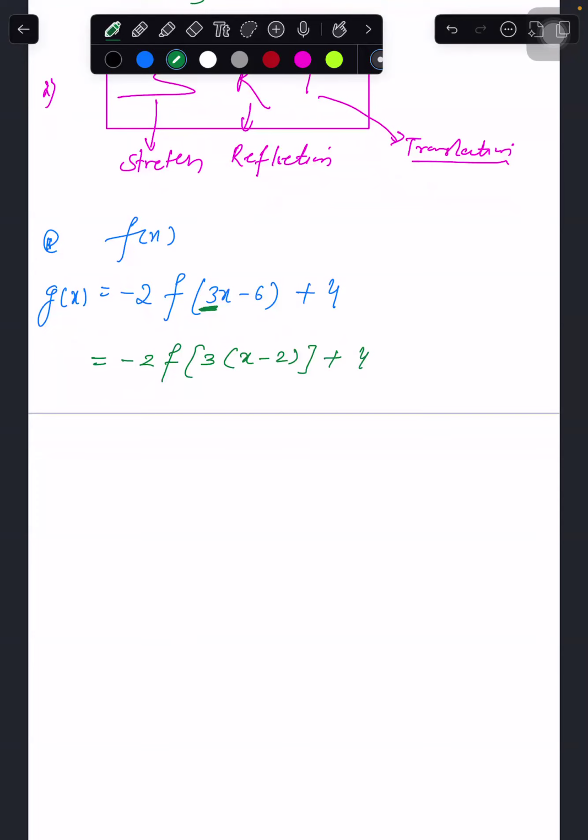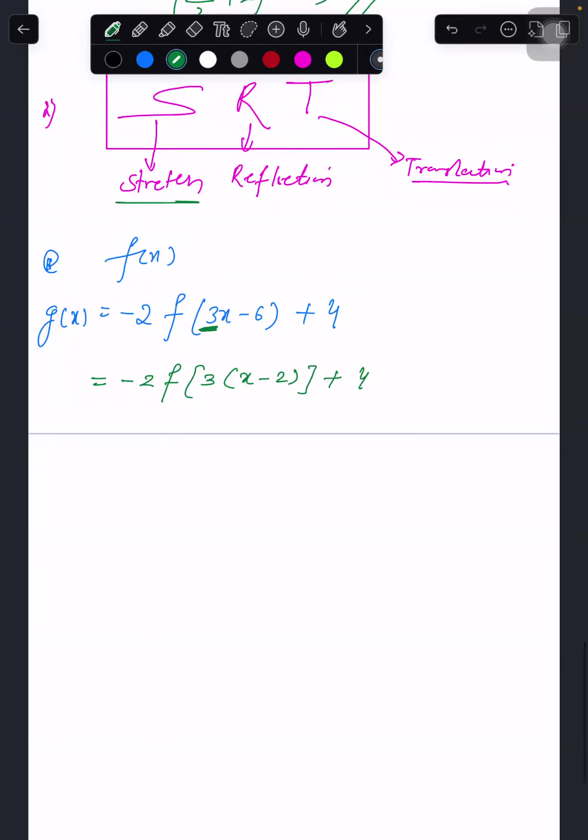Okay, cool. Now, as I said, I need to look for all the stretches first. Do you see any stretch? Yeah, 2 is outside, so there's a vertical stretch. Vertical stretch by scale factor. What is the scale factor? What number do you see here? 2.